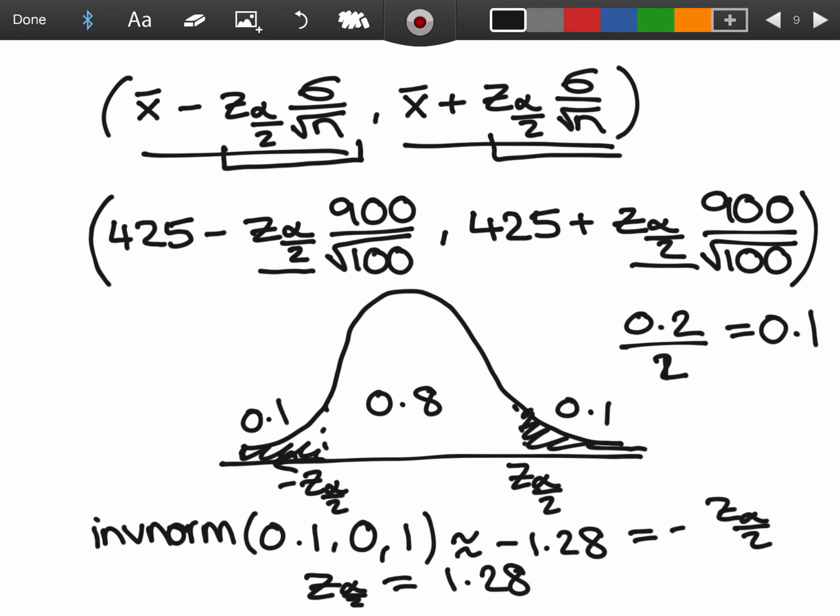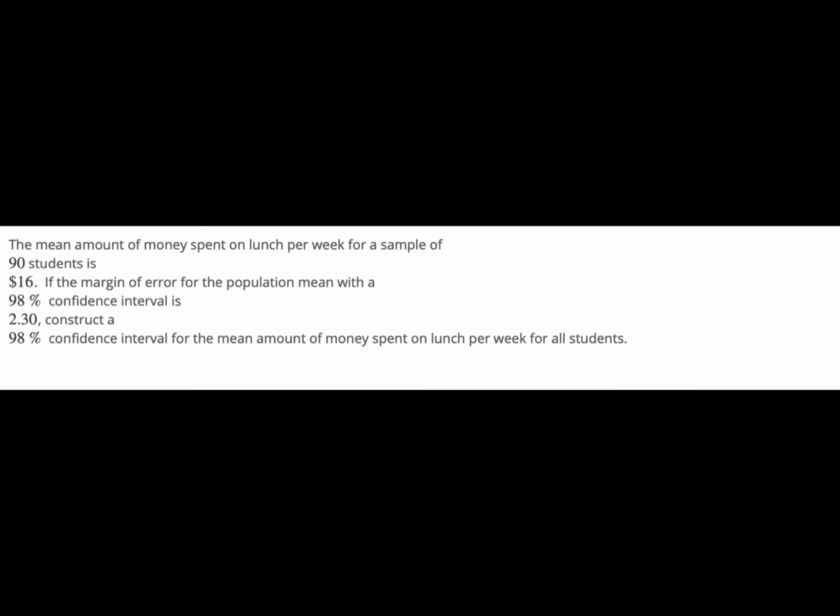So this part here on each one, you're just adding or subtracting the margin of error from the sample mean. So whenever they give you a margin of error problem, all they are doing is giving you this whole value here. They have worked out a z value, a sigma, and the square root of n.